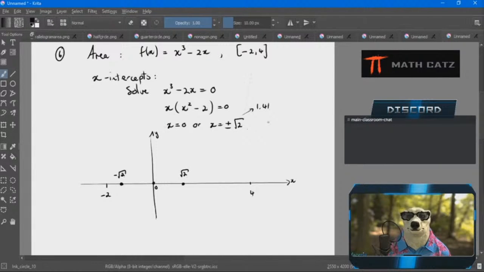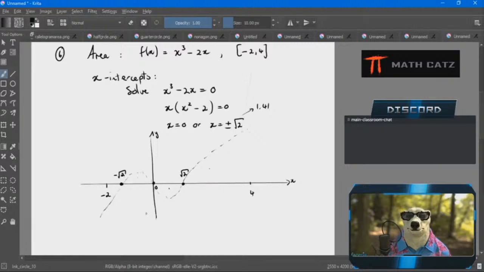I could have a graph going up here and then turning, something like that, which means I'm going to have negative areas, positive areas, negative areas, positive areas, and I need to isolate them all in order to find the total area.